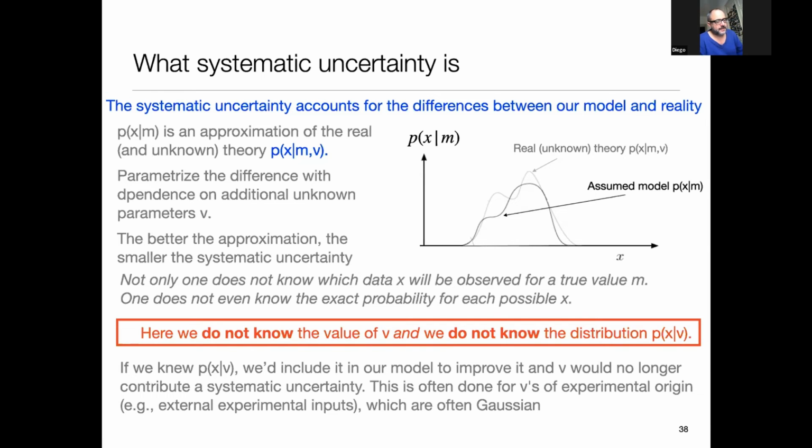This basically means that not only do I not know which data X I will be observing for a given true value, but I don't even know exactly with which probability the various possible X values are observed. So there is an uncertainty on the probability, on the shape of the model.